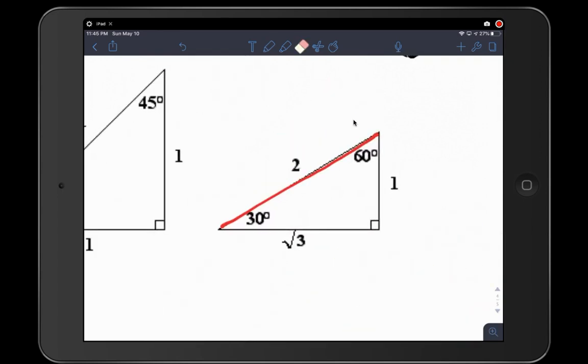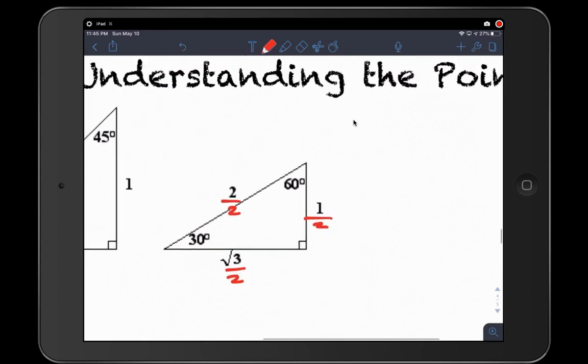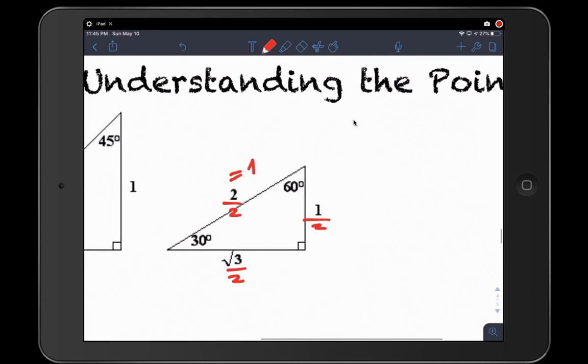But we know that similar triangles all have the same ratio of sides. So if I were to divide this by 2, divide this by 2, divide this by 2, then my hypotenuse would be 1, right? 2 divided by 2 is 1. And that means that my triangle sides are just going to be half as big.